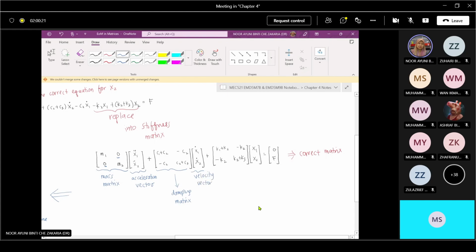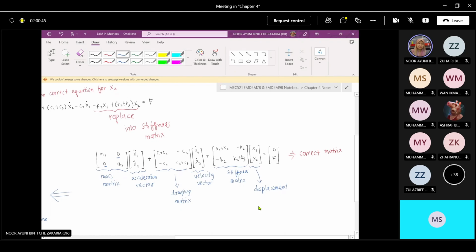So there is a difference between them when I say matrix and vector. So matrix is constant, stiffness matrix. When it is a vector, displacement vector, maknanya dia adalah variable.